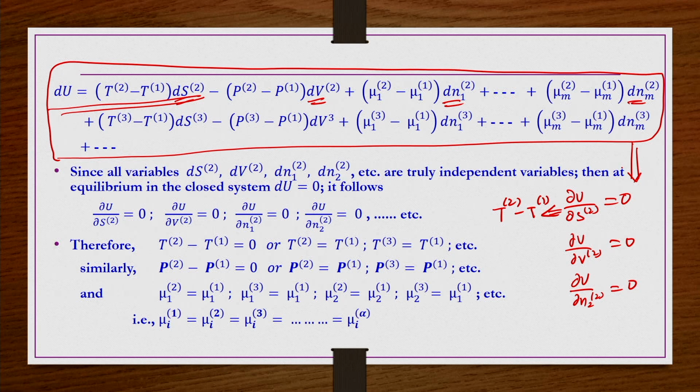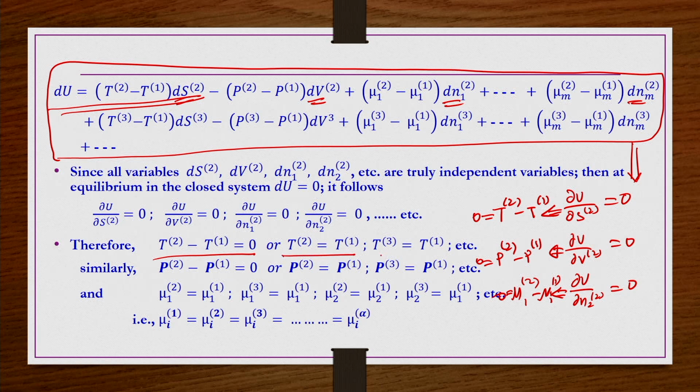Similarly, using the same relation, if you do ∂U/∂V2, what you will get? You will get P2 minus P1, and likewise if you do ∂U/∂n2, you will get mu in phase 2 minus mu in phase 1. Since these are 0, if T2 minus T1 is 0, that means T2 equals T1.